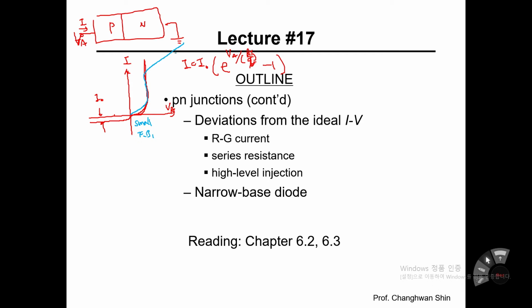It looks like a resistor. So the diode can become a resistor at very high forward bias. But most likely this regime can be used in integrated circuits.